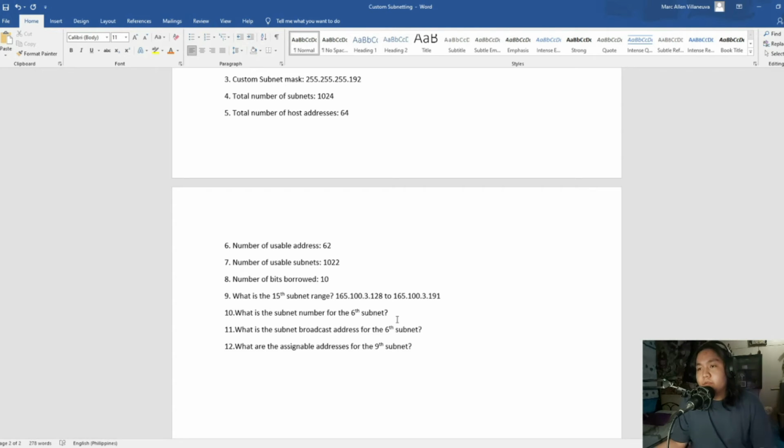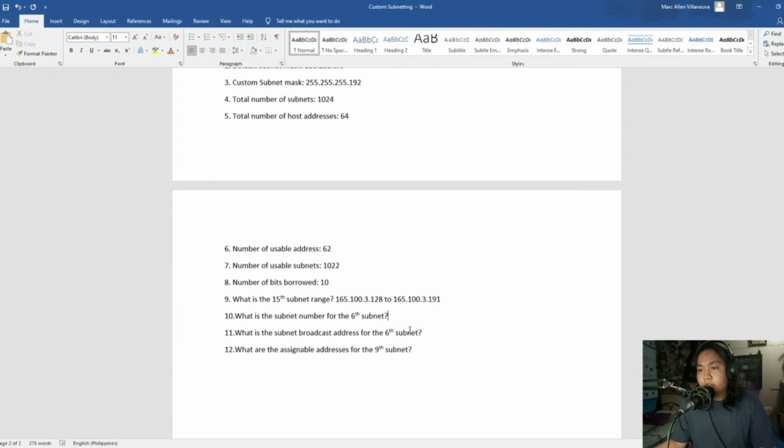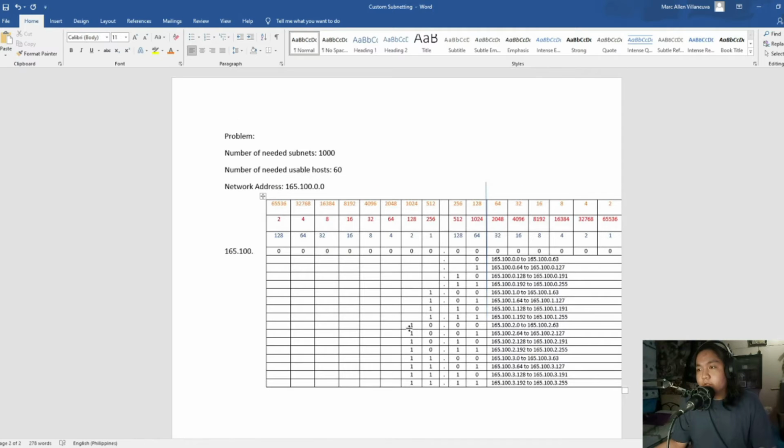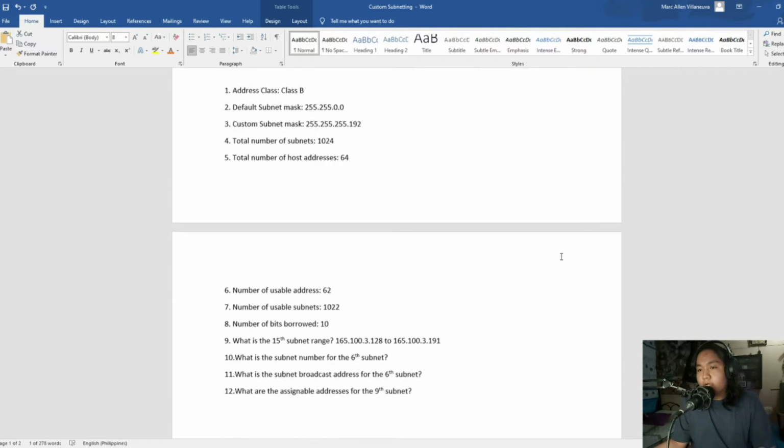Next question, what is the subnet number for the 6th subnet? By the way, I forgot to tell you that this first one, we call the subnets, and the second one is the broadcast.